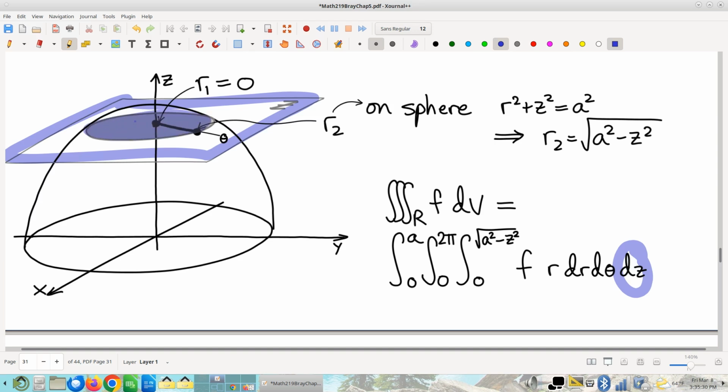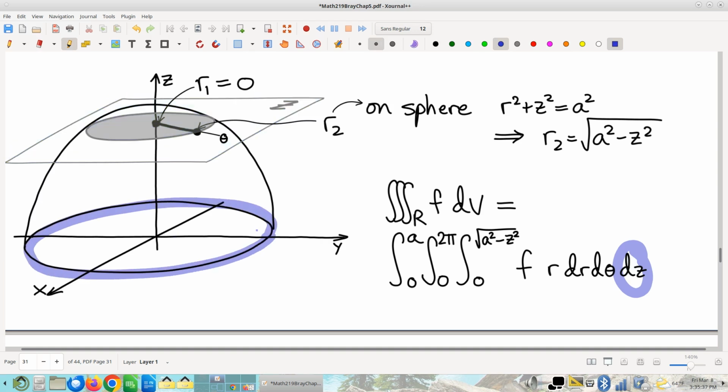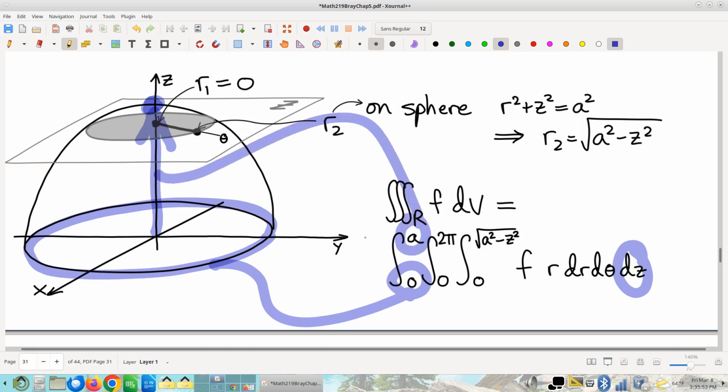It's a disk. You think about first and last. The first one is going to be down here, where z is obviously 0. Right? The last one is going to be up here at the North Pole, as it were, which again, being a radius of the sphere, gives me z equals a. Is everybody happy?